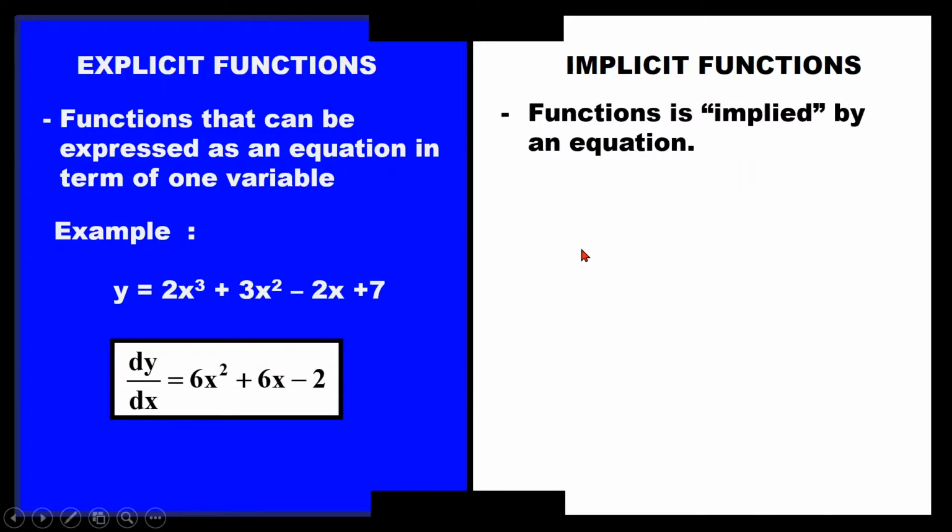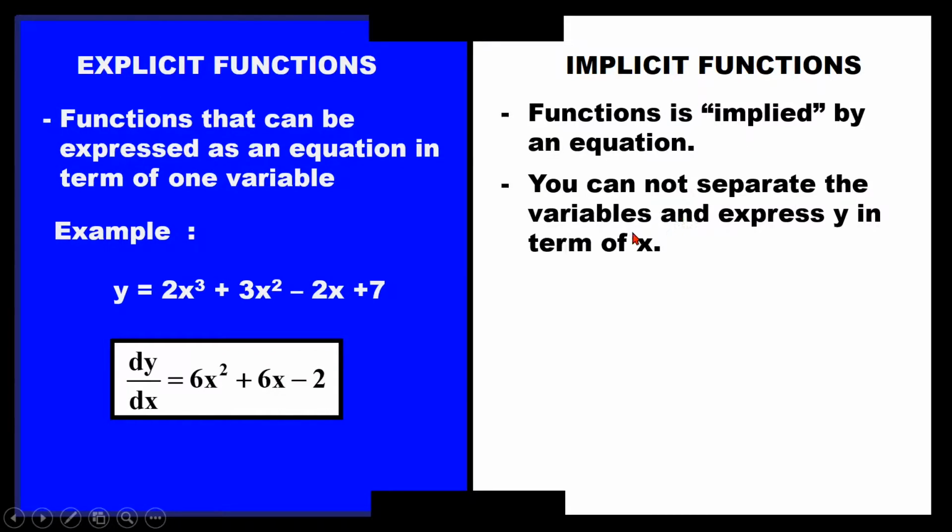Implicit functions, on the other hand, are implied by an equation. You cannot separate the variables and express y in terms of x. For example, you have 2y equals 2y cubed x cubed plus 3x squared minus 2yx plus 7.